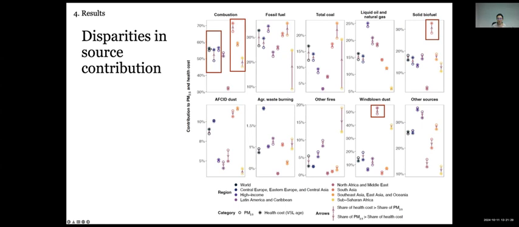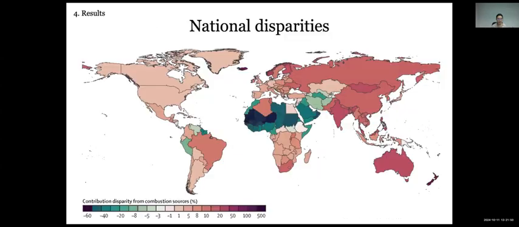Globally, combustion sources demonstrated more than 2% positive disparities, whereas regional disparities are much larger. It means that in all these regions, phasing out combustion sources can be more beneficial than its contribution to air pollution reduction.